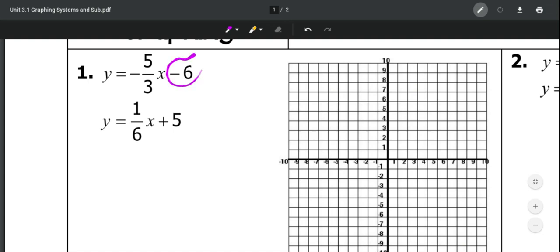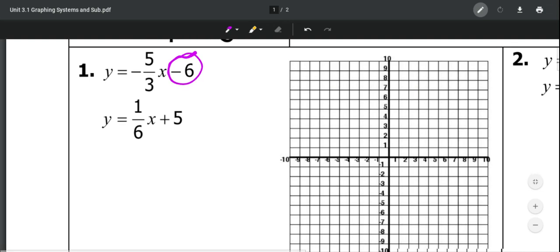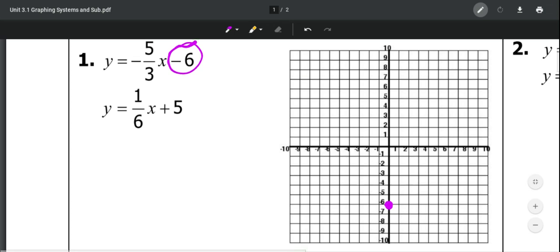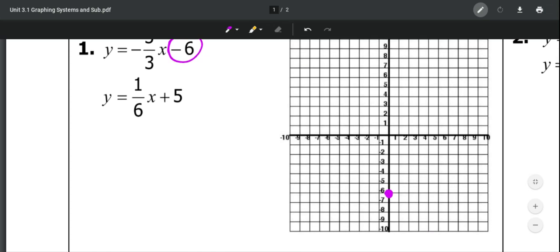This negative 6 is going to be our y-intercept, so we're going to start right here. Then we go down 5 and over 3 to the right. So down 1, 2, 3, 4, 5, and then 1, 2, 3. That point would look something like that.